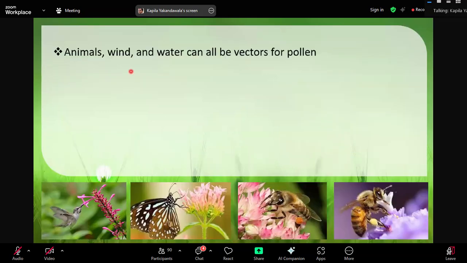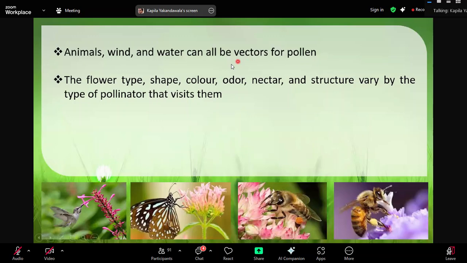Right. So pollinator syndromes. Animals, water, and wind can be vectors of pollen. So pollen can be carried away from plants by animals or water or wind. If you look at the characters of a flower, what characters?